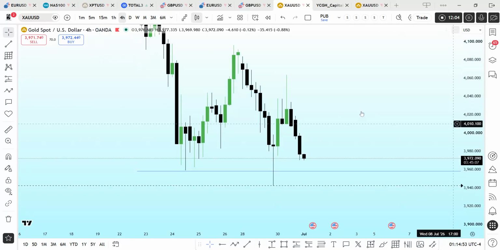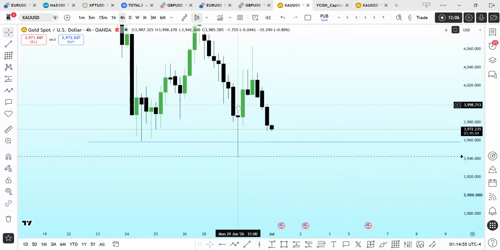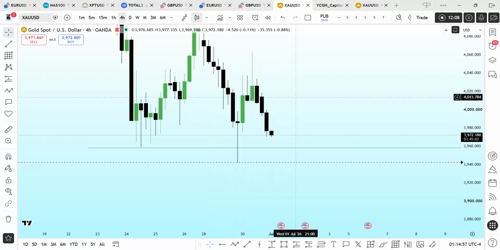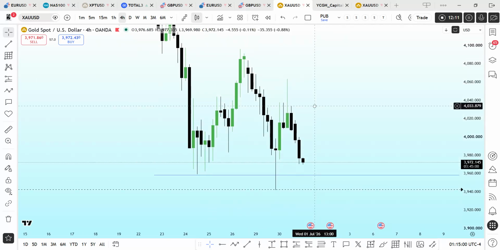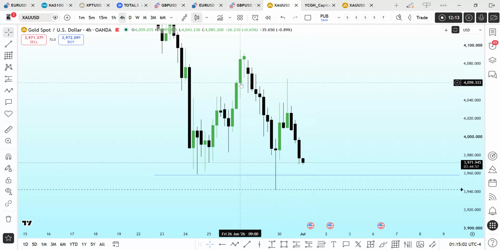The problem is, if you watch it on a 4 hour time frame, you can see that price is kind of respecting all the bearish PDRs.